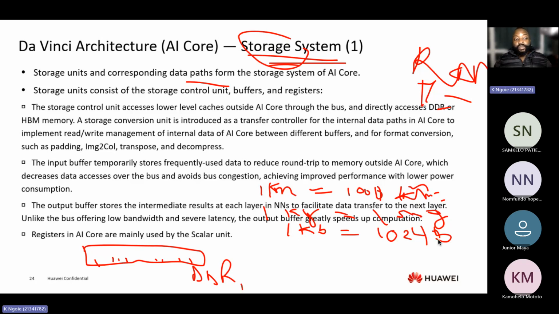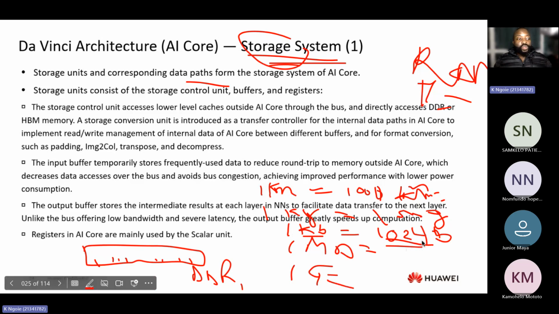So 1 kilobyte will be 1,024 bytes. 1 megabyte will be 1,024 kilobytes. So it's in units of 1,024. When we talk about 1 gig, it just means you have 1,024 megabytes.